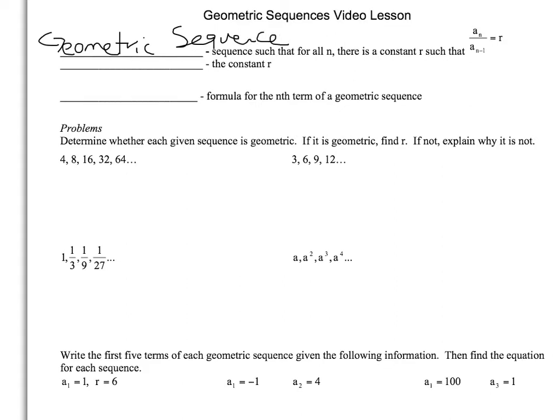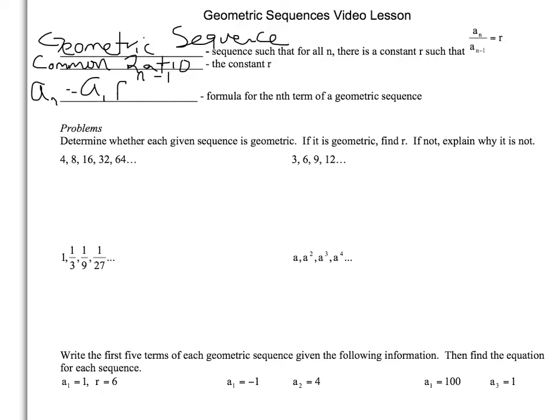That constant r, instead of calling a common difference, is the common ratio. The formula for a geometric sequence is a_n equals a_1 r to the n minus 1 power.